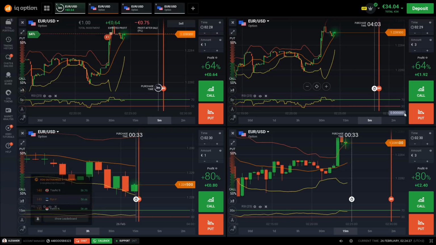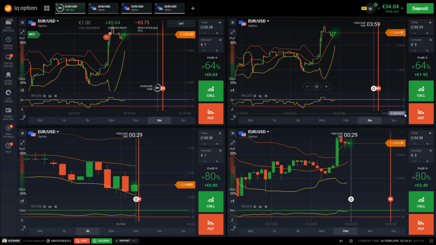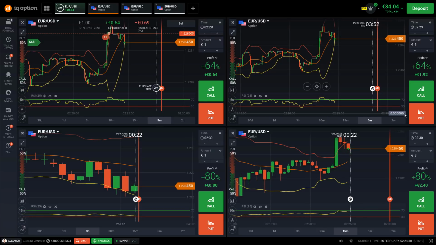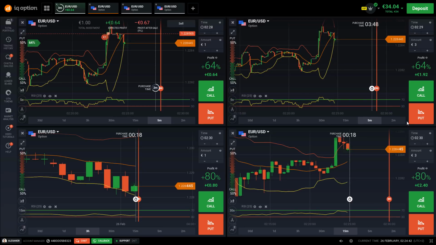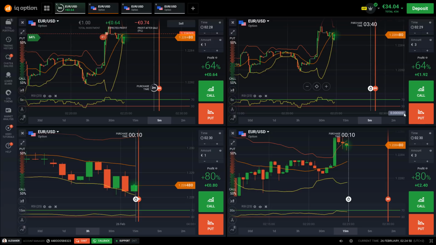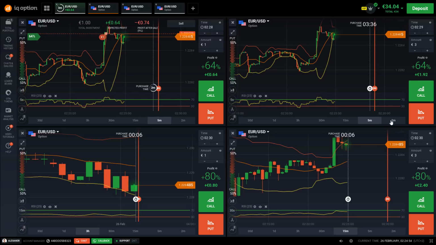Well, there's no need for it yet. This is the first trading time on the Monday, February 26, around 2 a.m. So not so many people has been trading yet.